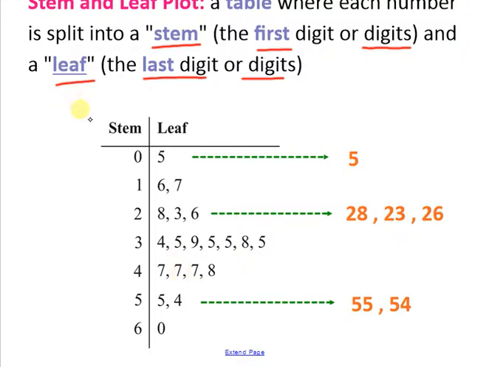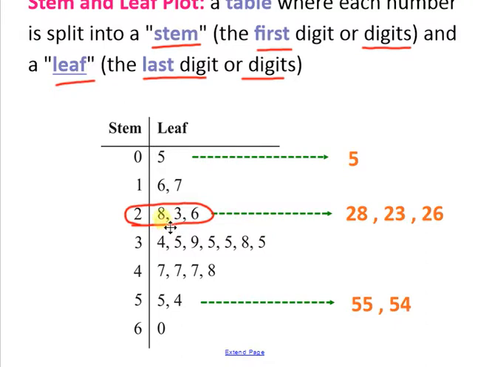So for example, this first number here is simply the number 5. The number in front would be 0, and the number behind it would be 5, and that would just translate to 5. If you go down to the third line here, this whole entire third line only represents 3 numbers. What you do is the stem tells you what the first number is going to be for each leaf.